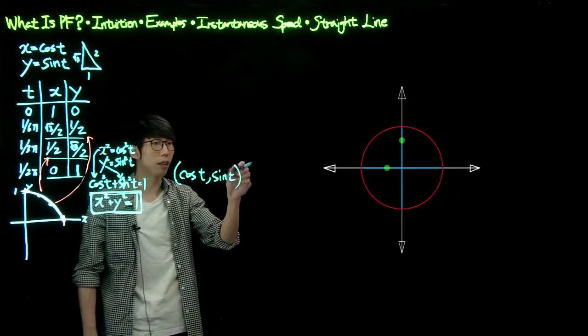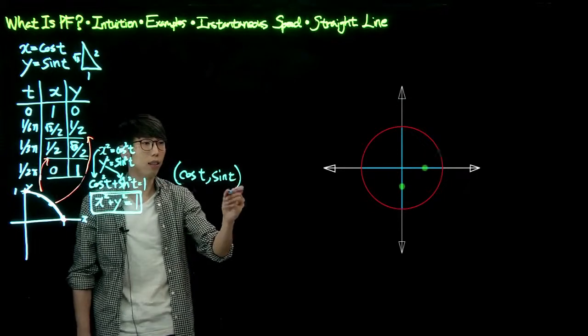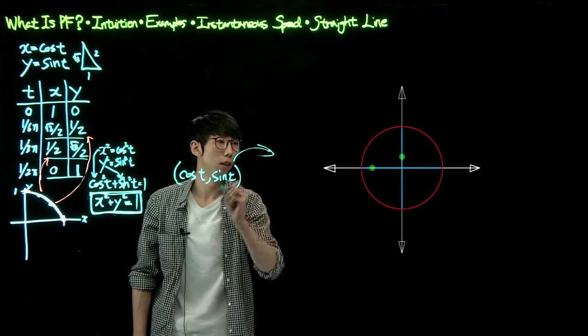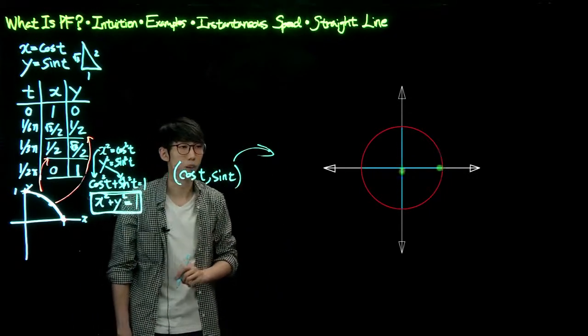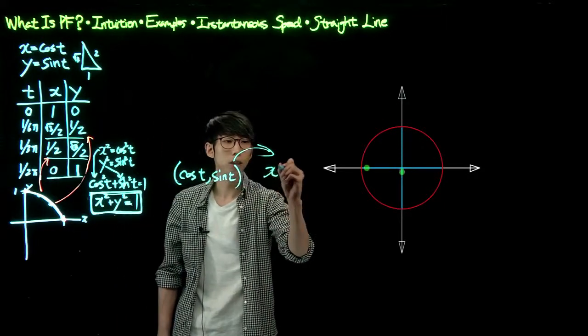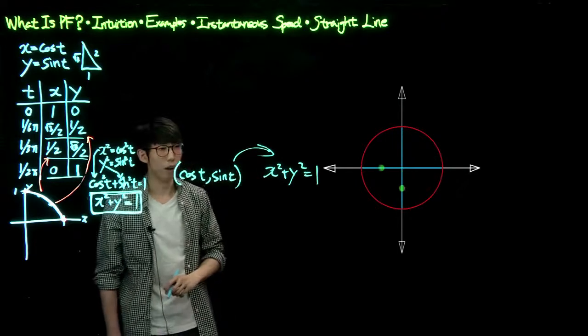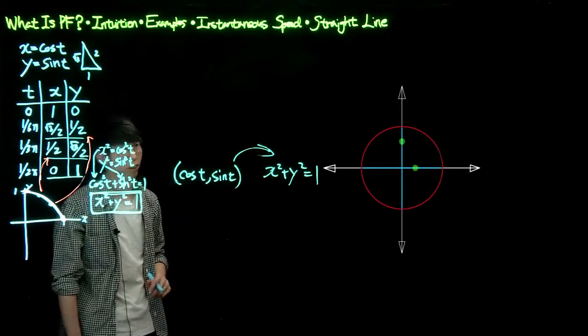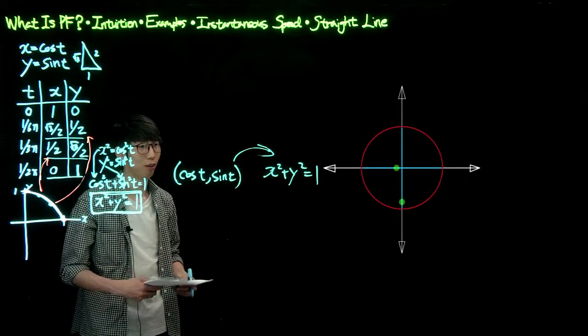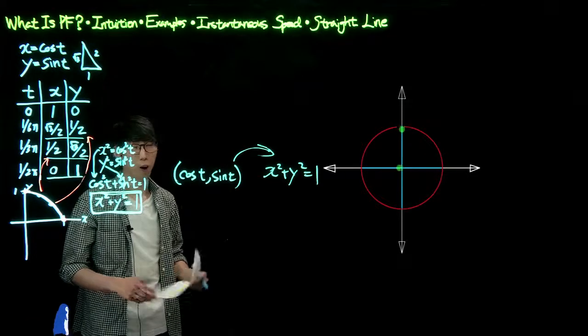We're connecting the coordinates together, and this is what we get: a unit circle, according to x squared plus y squared equals 1. Isn't that cool? I think it's pretty cool. I rather enjoyed it. I hope you did too.